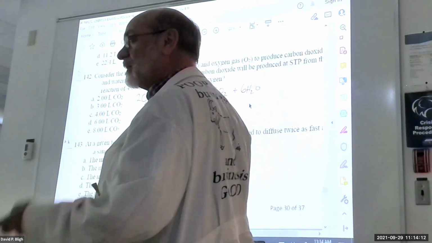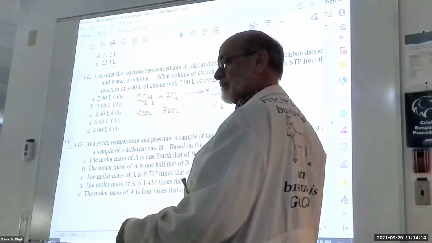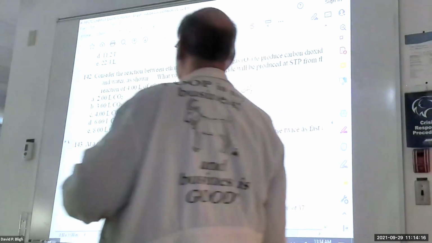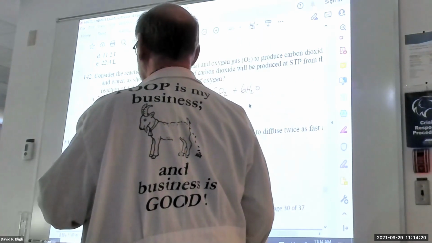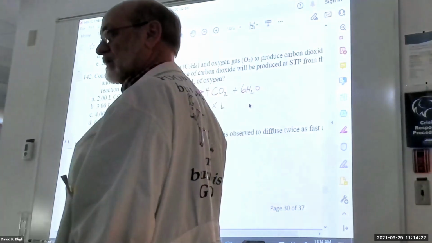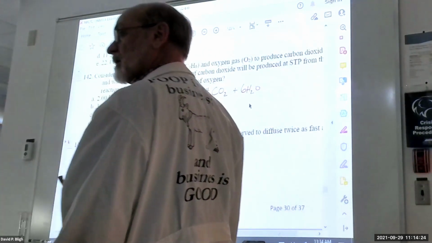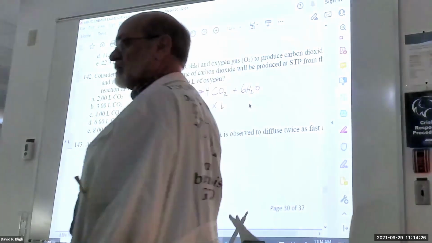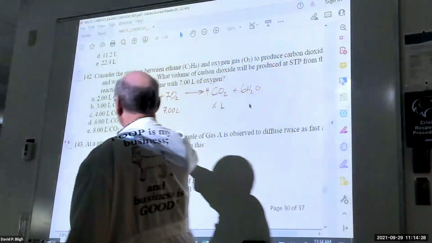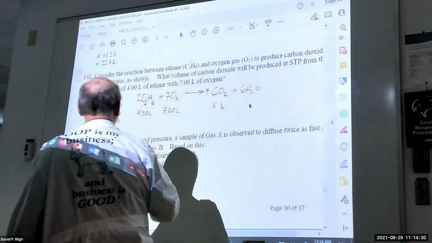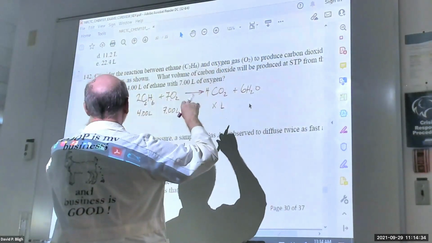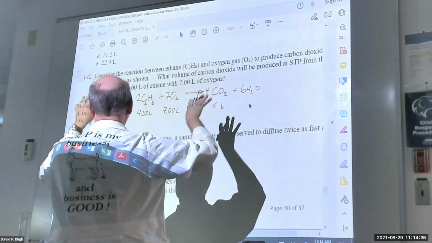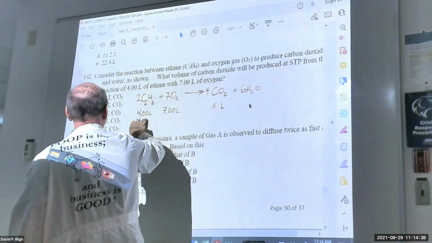So you've got to find out which one runs out first, right? What else do we know about this? We know that the number of moles is proportional to the volume. So we don't have to convert to moles. This is our representation of moles here. So if we're all at the same standard temperature and pressure in this space, then what's the relationship?